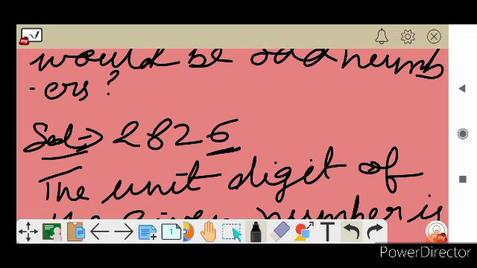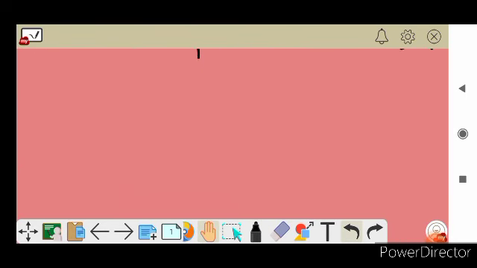And question number 4. In question number 4 we will observe the pattern. The whole question depends on the pattern.